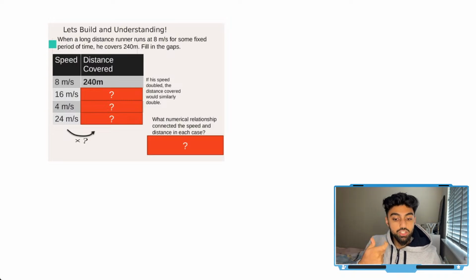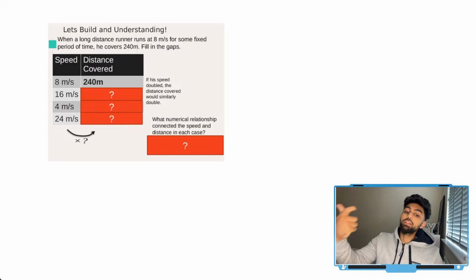If we change the speed, the distance covered will change as well, because the time is kept constant. So in the same time, if we double the speed, what happens to the distance covered? We're going from 8 to 16. If the speed is 4, what happens? And if the speed is 24, what happens? Just something for you to think about. Hopefully it won't take you too long, but there are some clues given.